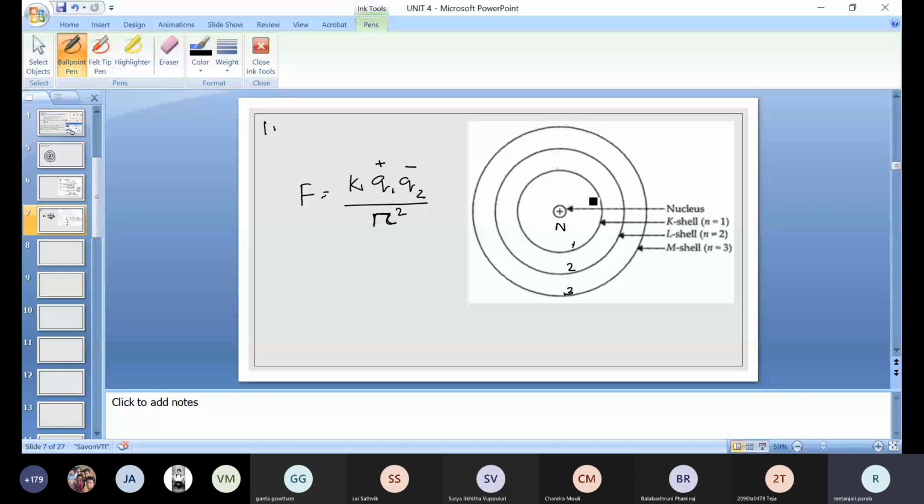So this is your R1, R2, R3. As this R value increases, the value of F reduces. This is the attraction force between the nucleus and the electron.